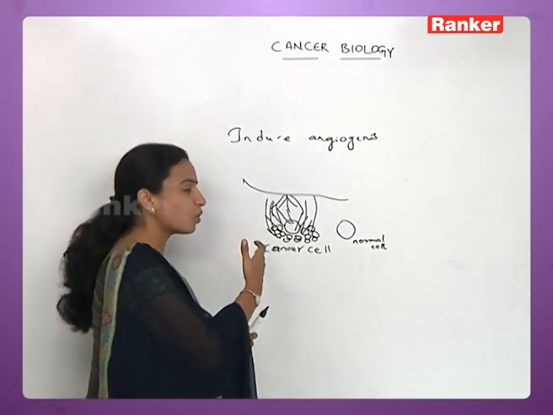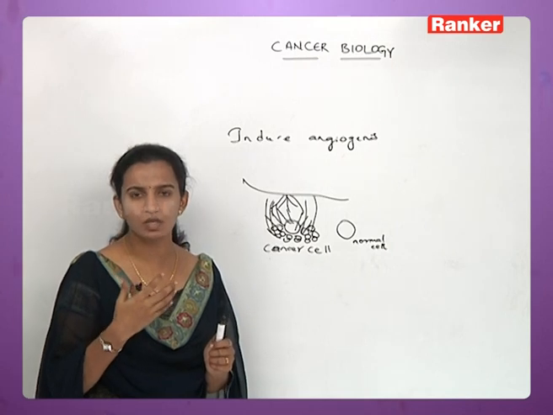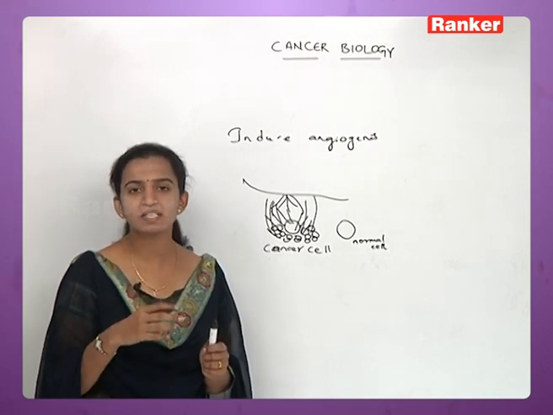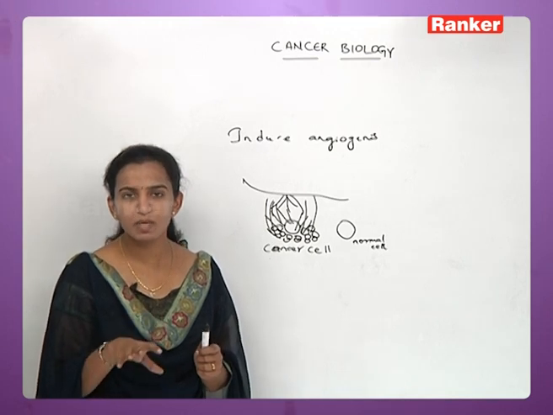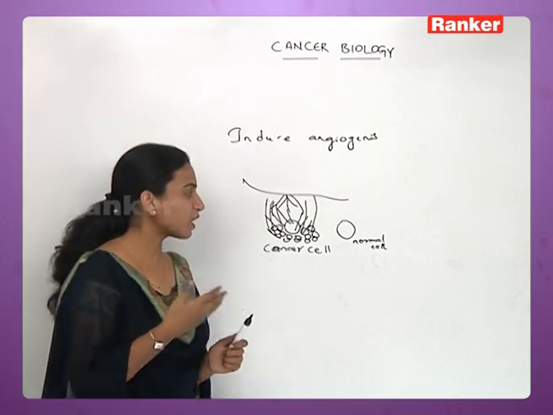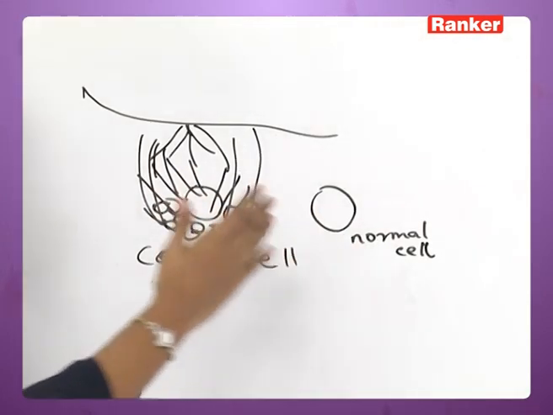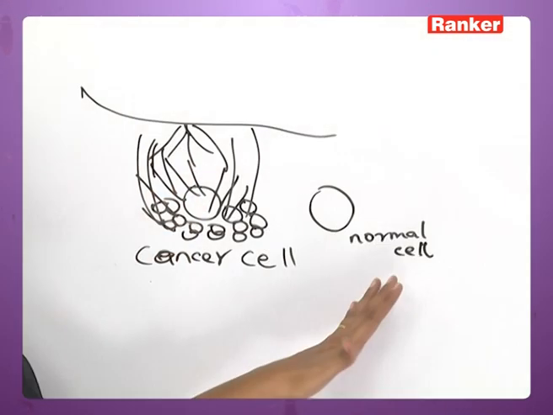So here a kind of unstoppable growing is taking place. The blood vessels think that this is the important place where I need to provide the blood, because there is growth or division taking place. So whatever normal cell is present beside this cancer cell starts starving.